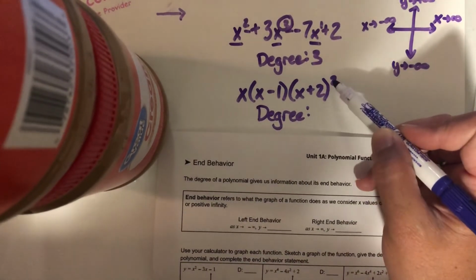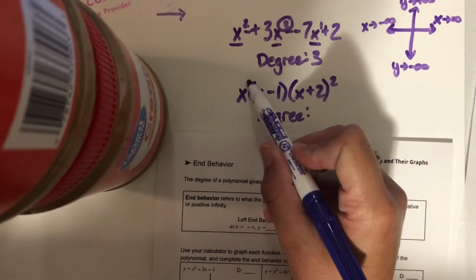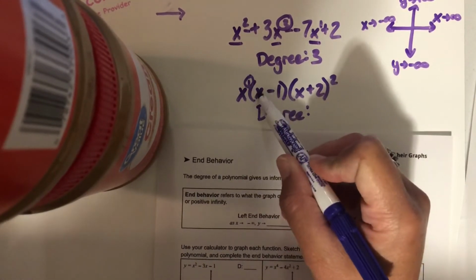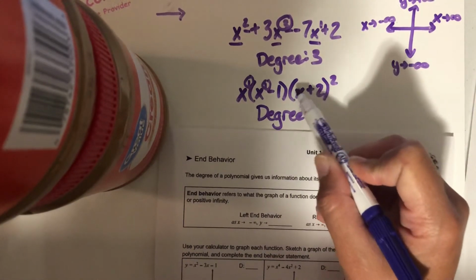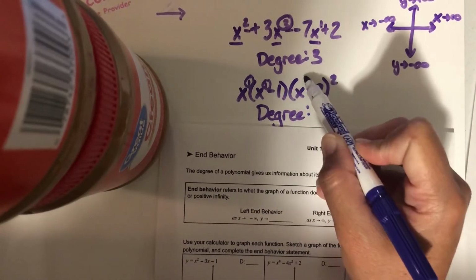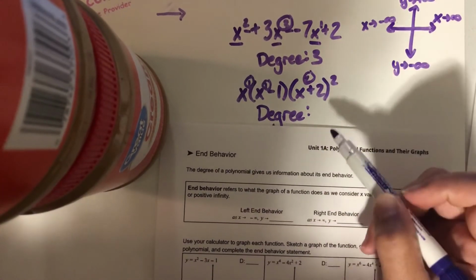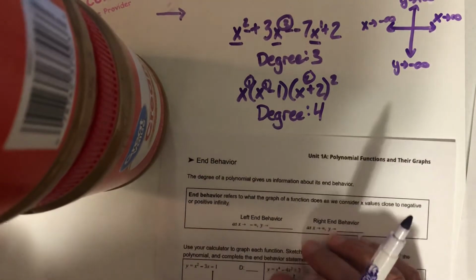What I have to do is add together the exponents. This x has an exponent of 1, this x has an exponent of 1, and then this one's kind of tricky. It looks like it has an exponent of 1, but this x is squared, so really it has an exponent of 2 in the end. So 2 plus 1 plus 1, the degree in that case would be 4.